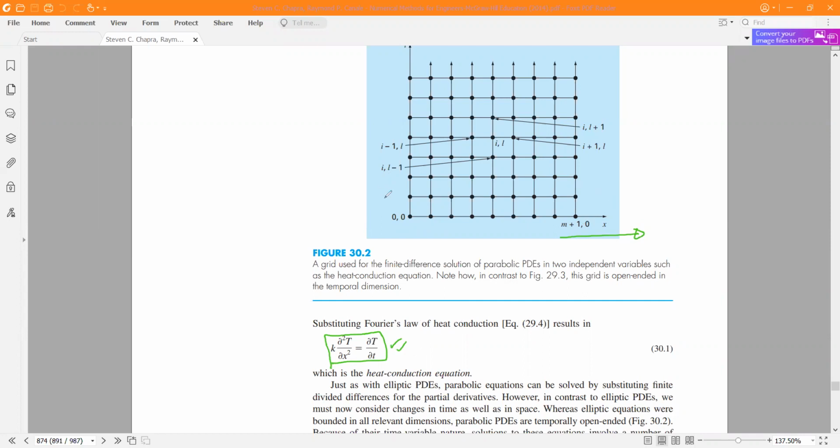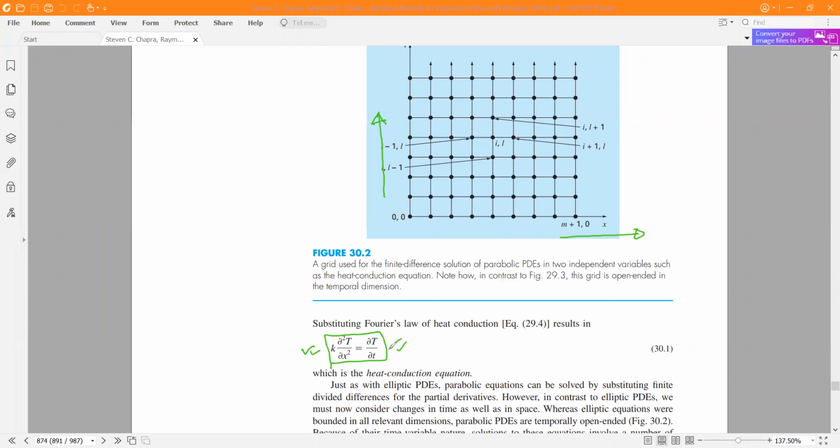In this direction, your imaginary time grid is drawn. Your I index is for space and L index for time. So if you want to discretize or approximate the second derivative in space, you have to fix a definite time. Then we use our finite difference scheme to represent d2T/dx2.